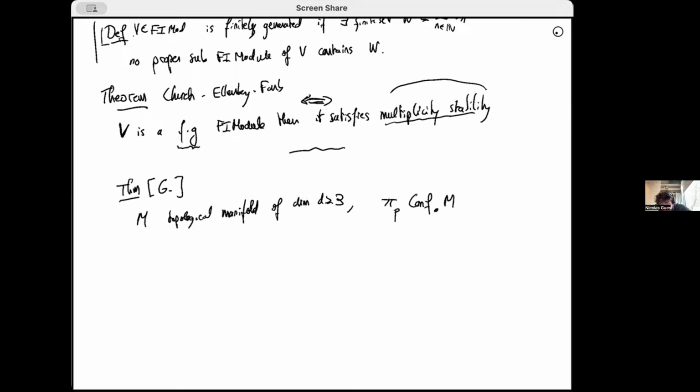So sadly, as this is a contravariant functor on FI, the homotopy groups will also be a contravariant functor. So if I want to use representation stability, I want to dualize and take the Hom with Z or the Ext with Z.